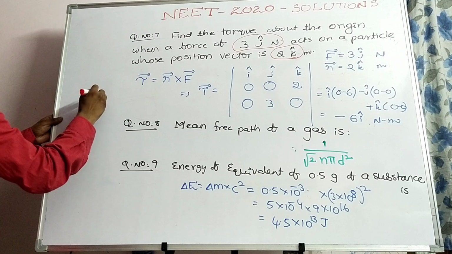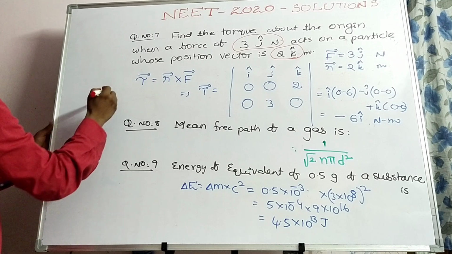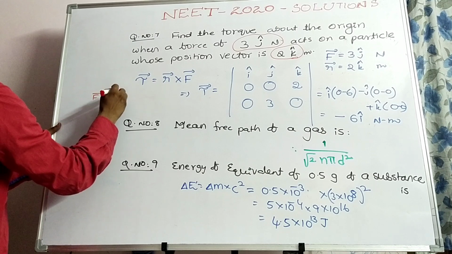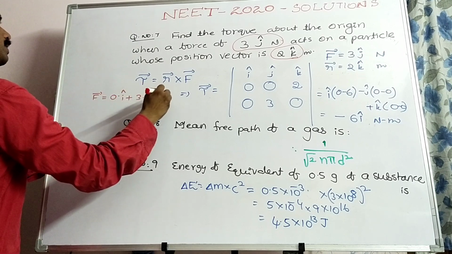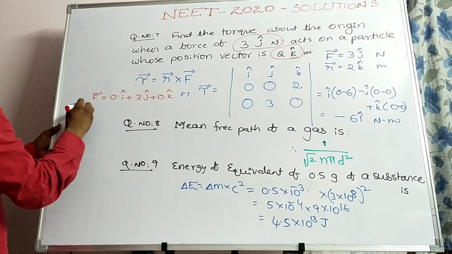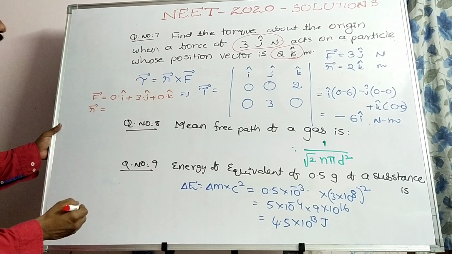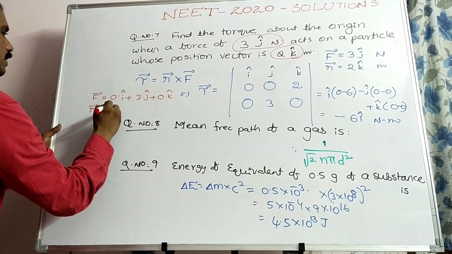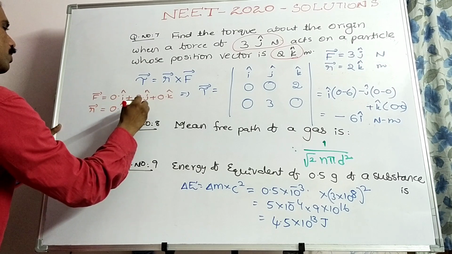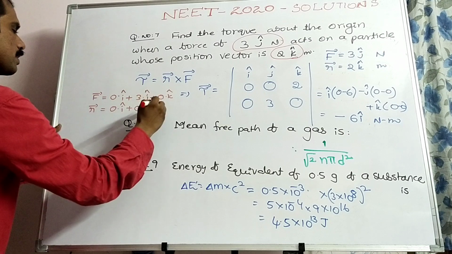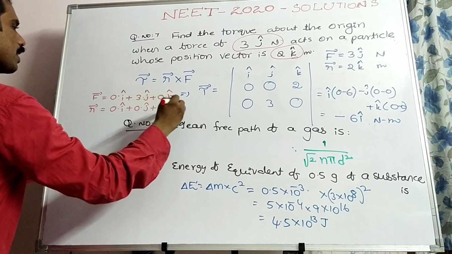So F bar can be written as 0 I cap plus 3J cap plus 0k cap, as well as R bar is given as 0 into I cap plus 0 into J cap plus 2k cap.